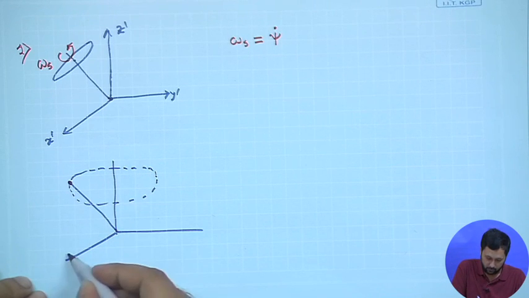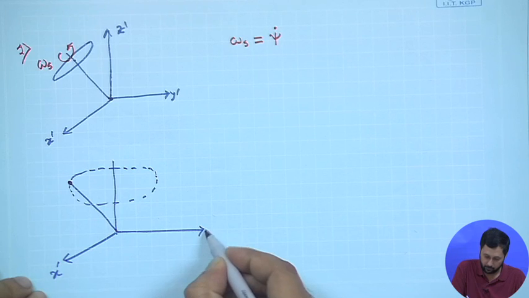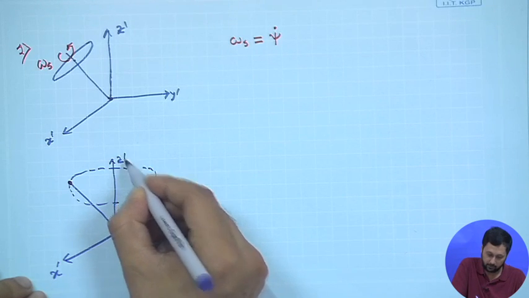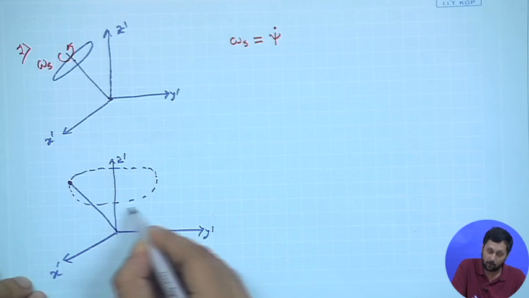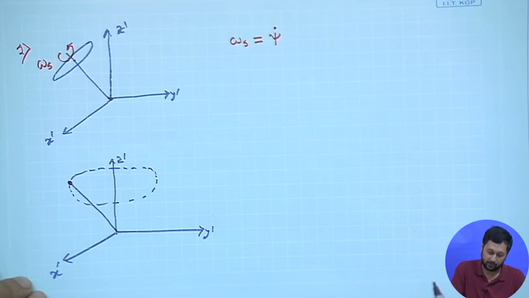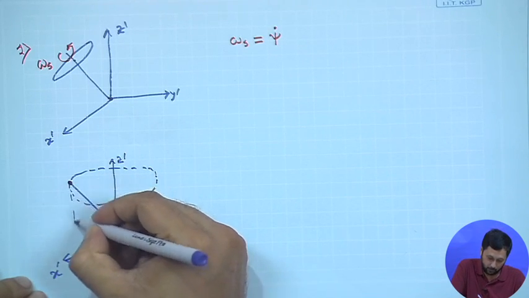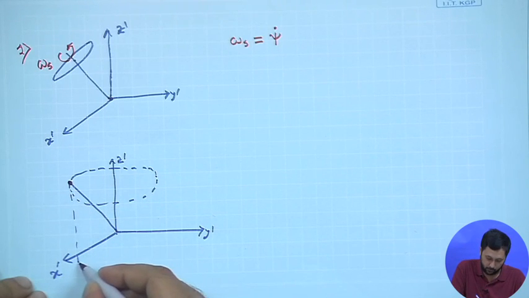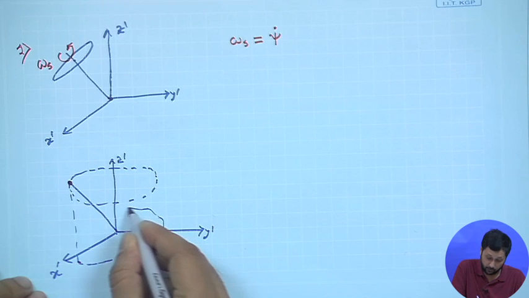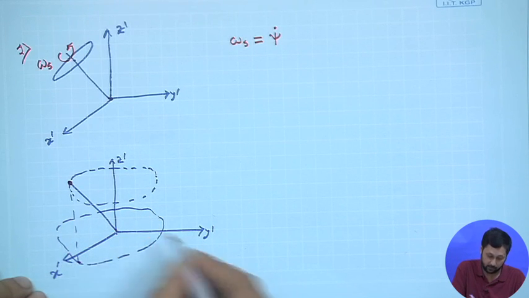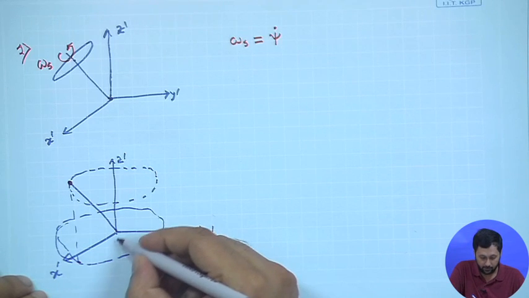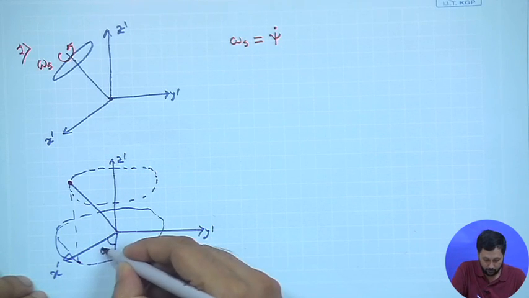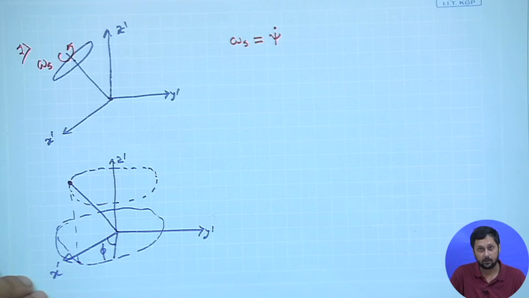So, this is my x prime, this is my y prime and this is my z prime. The axis of the top also precesses around the z axis. Now, this precession, if I project it in the xy plane, will be kind of a closed motion. I am not saying it is a circular motion, I will just say it is some kind of closed motion in the xy plane, which is very well described by phi, is it not?